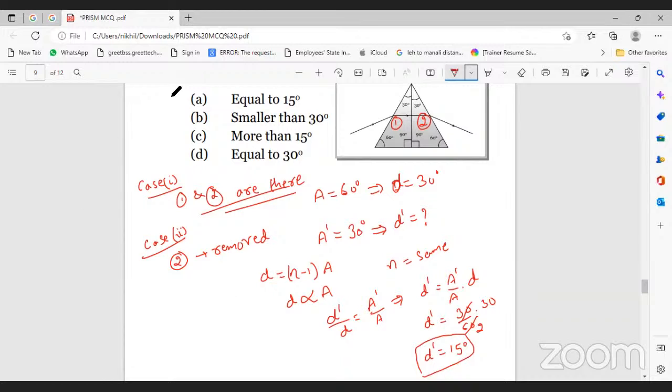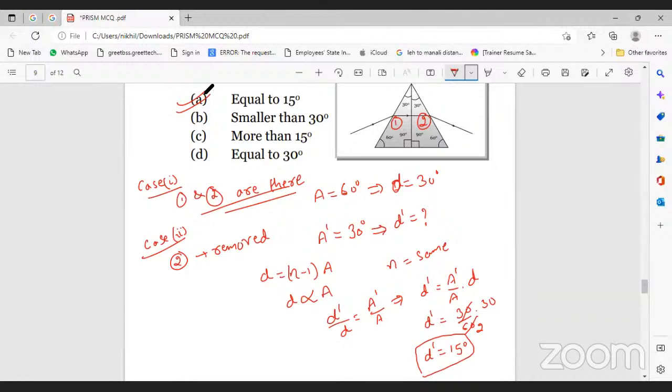So it should be equal to option A. If I remove the second prism, the angle of the deviation will come out to be 15 degrees.